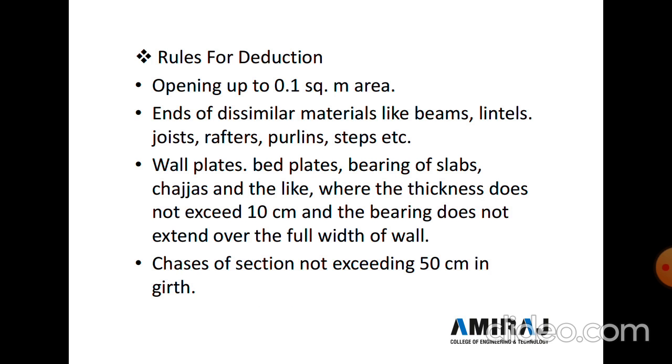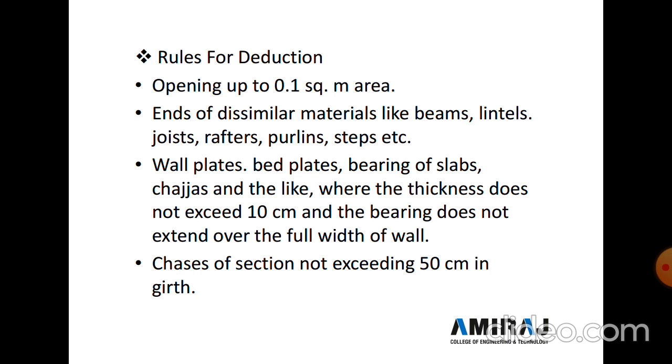Now some of the rules for deduction in stone masonry work. Here, openings up to 0.1 square meter area, and ends of dissimilar material like beam, lintel, joists, rafters, purlins, at steps, etc., wall plates, bed plates, bedding of slab, chajjas and the like, where the thickness does not exceed 10 centimeters and the bedding does not extend over the full width of the wall.